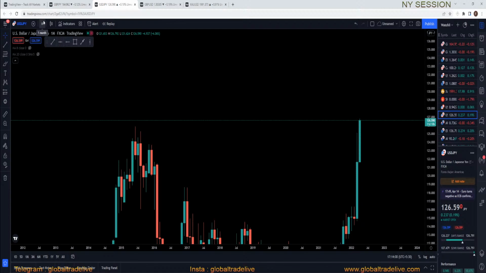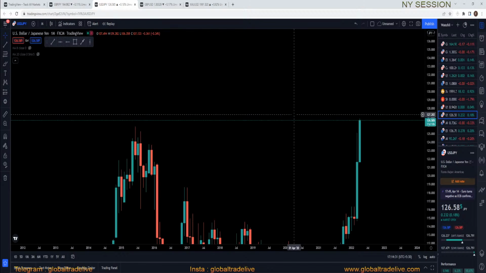The reason is, the higher it goes, the more sellers are coming into the market, because they are thinking that the market has moved up this much, so it should be coming down now. The sellers are coming into the market, they are selling, and that's the catalyst for the market to go up. More people are selling, so the market is going to move up.